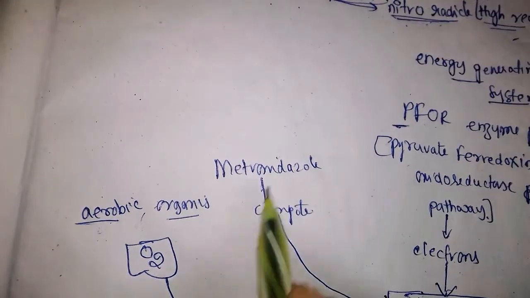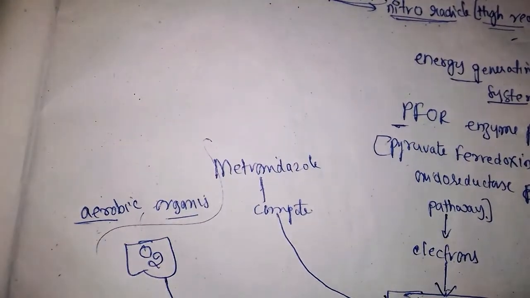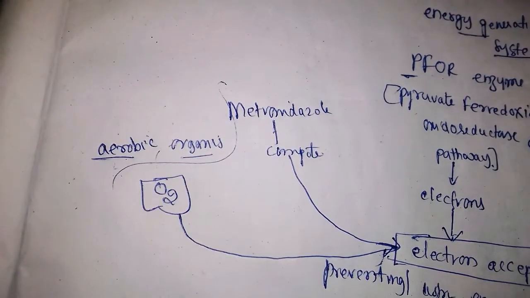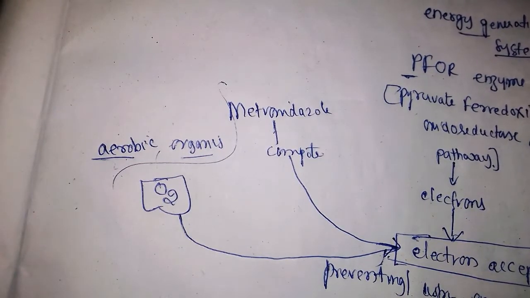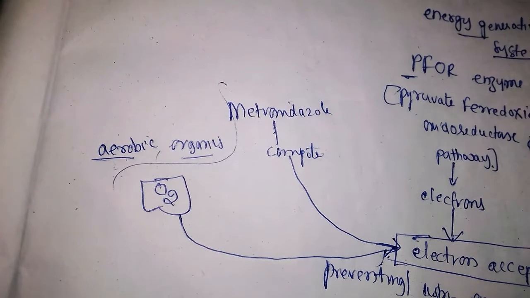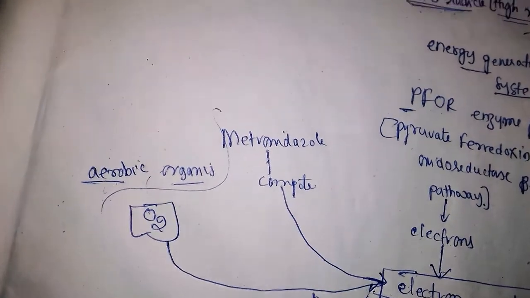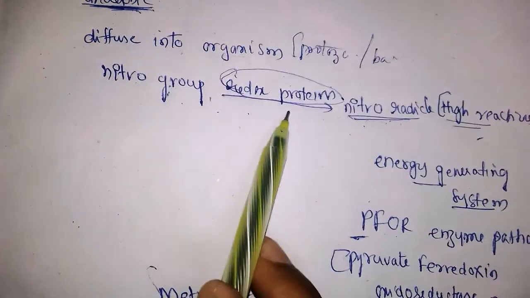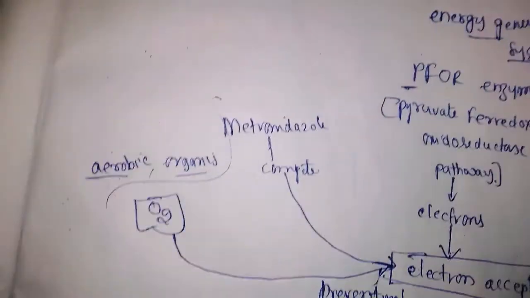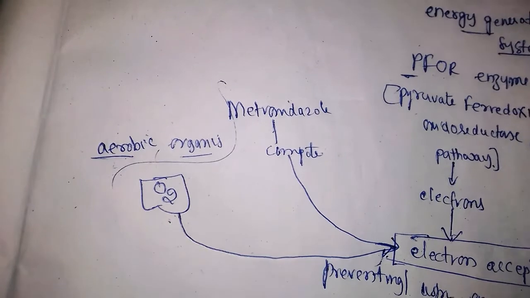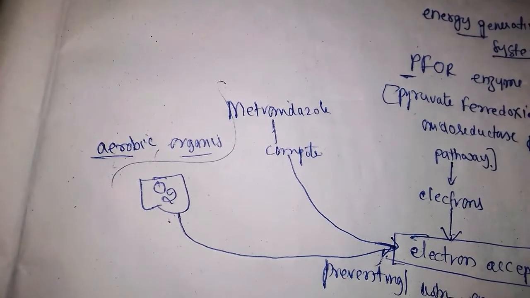Whenever there is increasing competition for electrons, the action of metronidazole will come down. So the reasons why it does not act against aerobic organisms are, one, the nitro group is not getting reduced to nitro radical, and another, oxygen competes for the electrons.